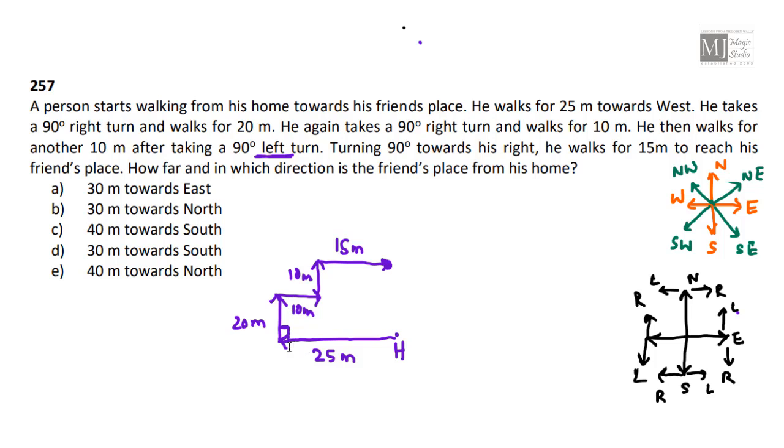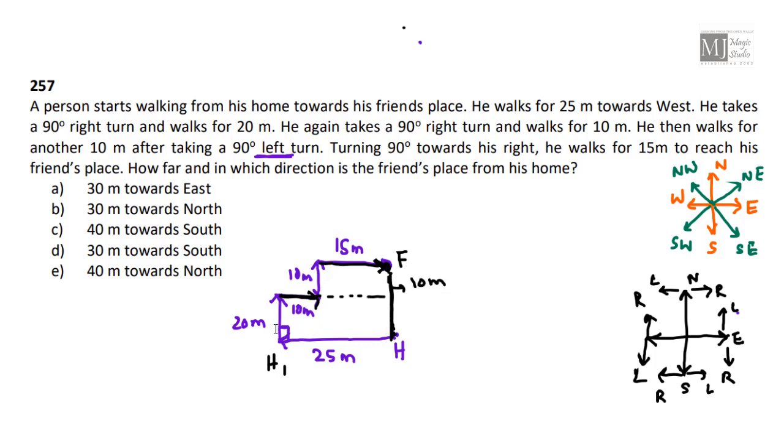Now if we see, the distance from H to H1 is 25 meter, which has been broken into 10 meter here and 15 meter here. So 15 plus 10 is 25. That means his friend's place is just in a straight line with his home.